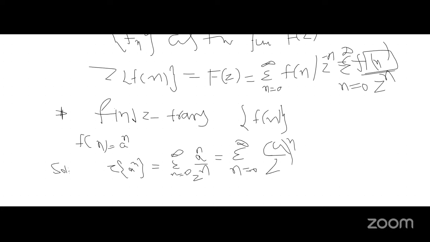And in the series, the sum of r power of n converges to 1 by 1 minus r. So we can write 1 by 1 minus a by z, that equals z by z minus a.